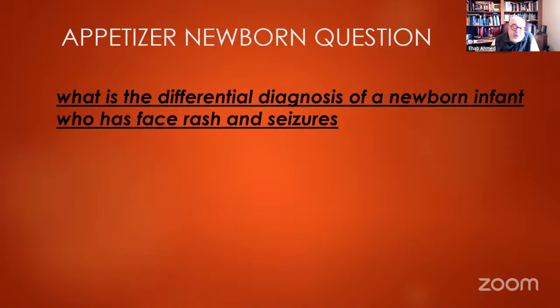And then, yes, congenital lupus, which comes under immune disorders. Congenital lupus can present also with rash, characteristic rash on the face, with cardiac problems, with intracranial problems, and seizures.